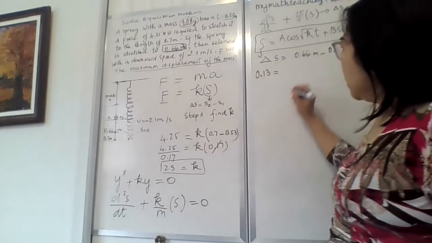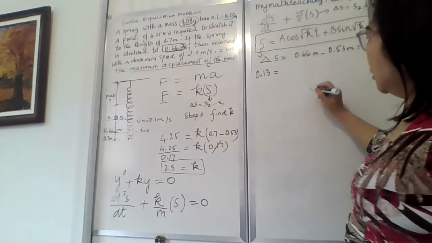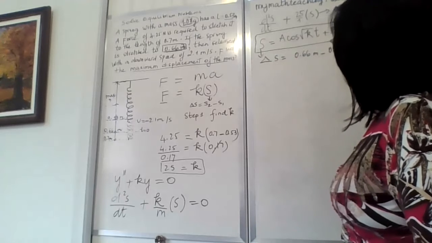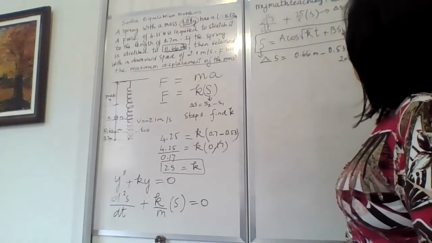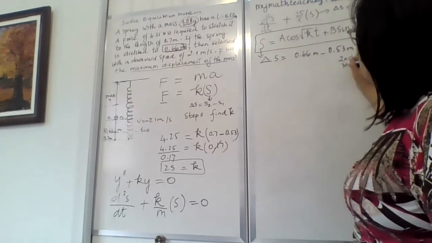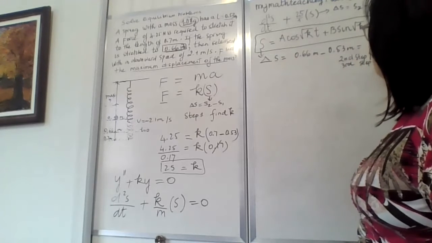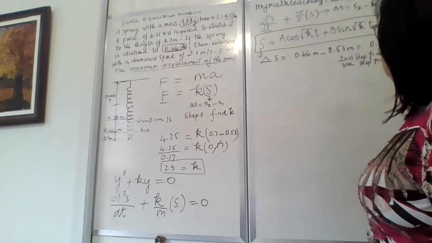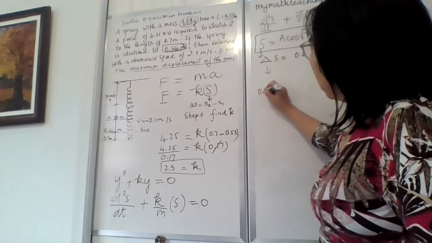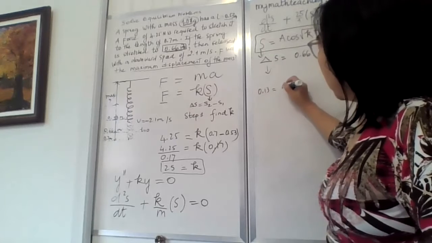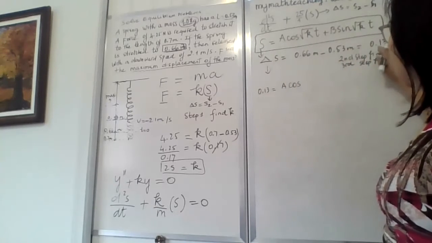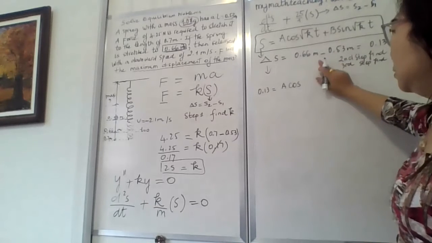Our second step is to solve for A, right? So I'm going to write here so that you remember. The second step is find A, and the third step is to find B. So let's substitute this by 0.13 equals A cos.